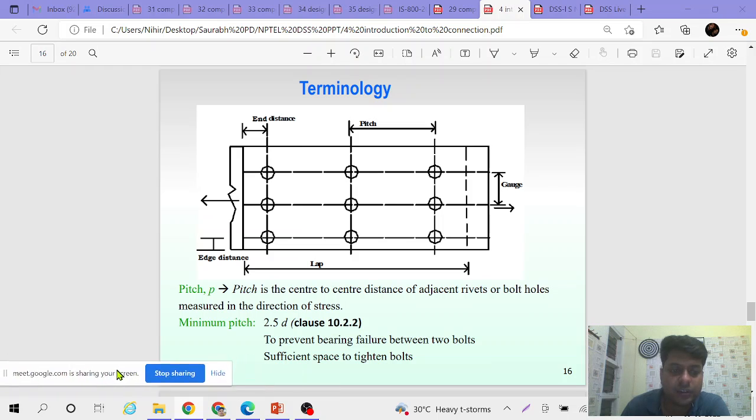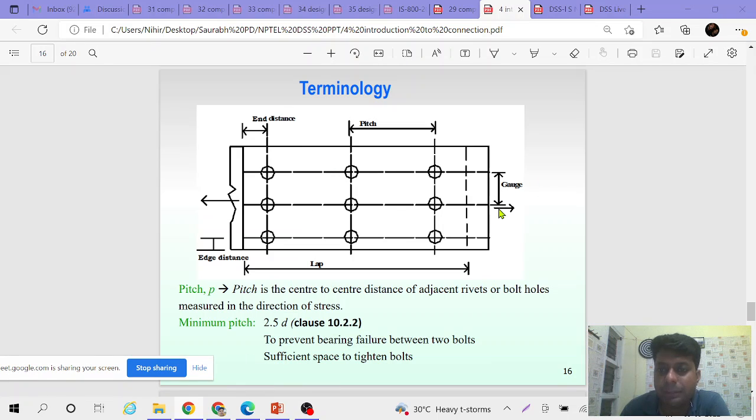From the video lectures you remember that if this is the plate and the load is acting in this direction, then in the loading direction, the center to center distance between two consecutive bolts or rivets is called pitch, and the distance from the center of the bolt to the edge of the plate is called end distance. Perpendicular to the direction of force, it is called edge distance. And the distance between two consecutive bolts is called gauge distance.